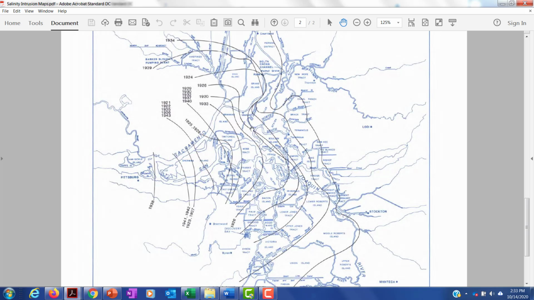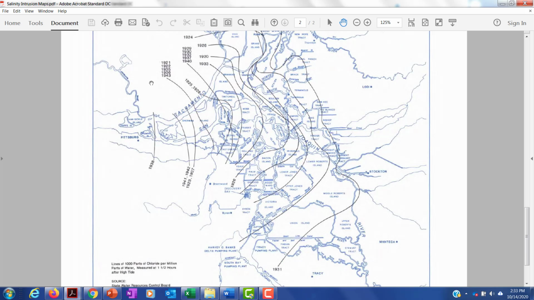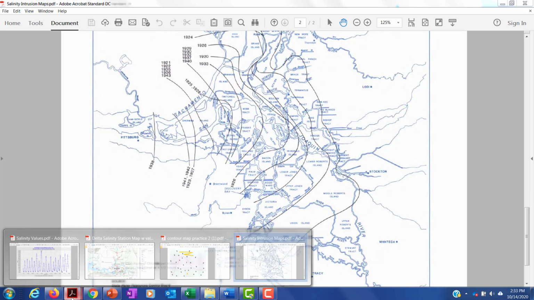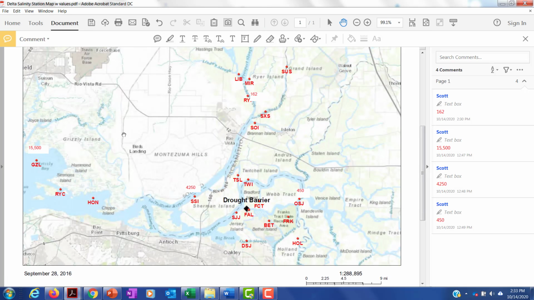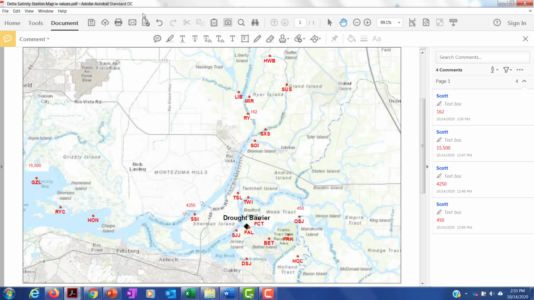So I hope that's clear. Don't worry about details. Please plot the data and draw the 1,000 line on this map. I think it's pretty easy to use Acrobat. I think most people have Acrobat, and you could just go to comment and then get your line out and go ahead and draw it wherever you think it is. It isn't here.